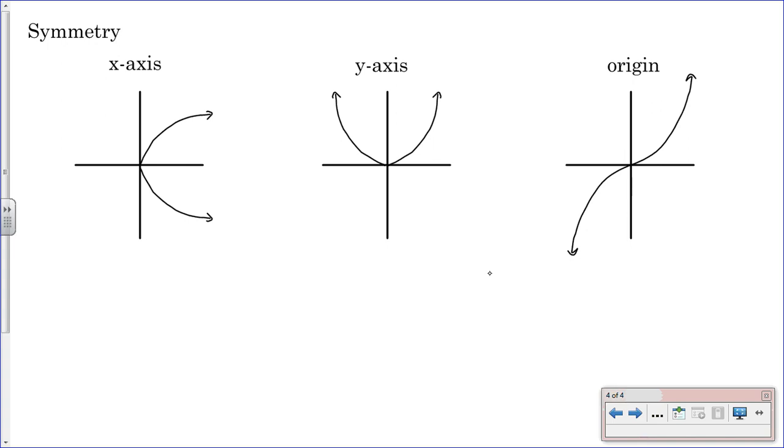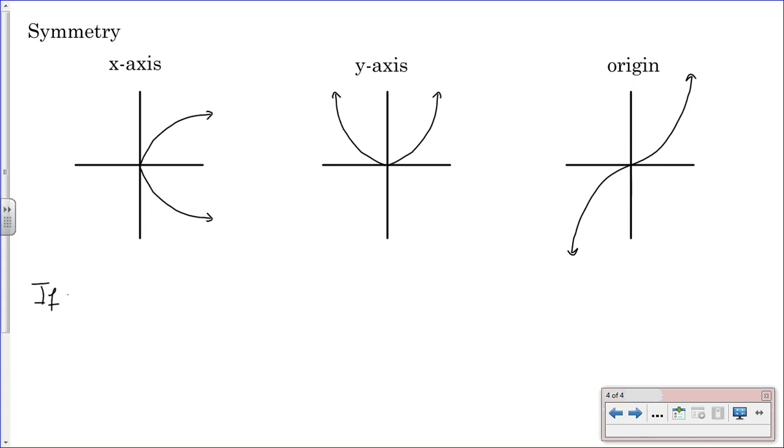All right, so symmetry. There's three types of symmetry. The first type of symmetry you have is x-axis symmetry. All right, what is x-axis symmetry? X-axis symmetry is if you can plug in x and get positive and negative y answers, it is x-axis symmetric.